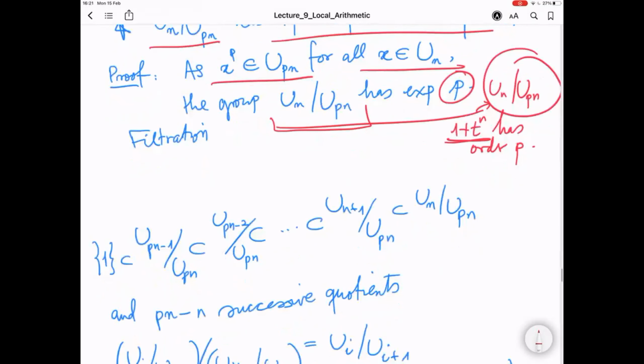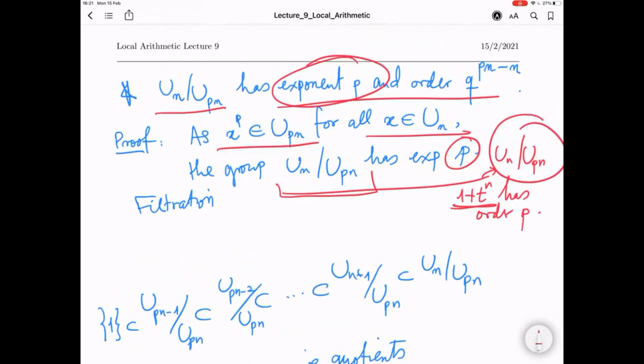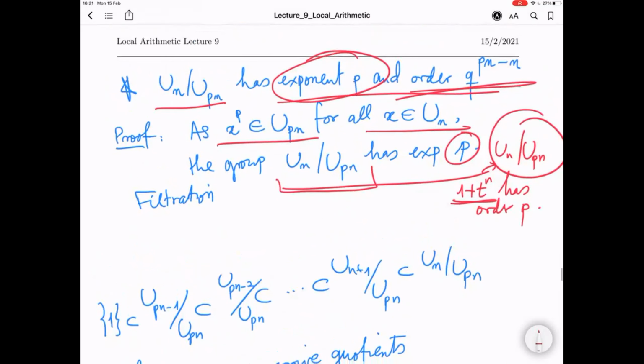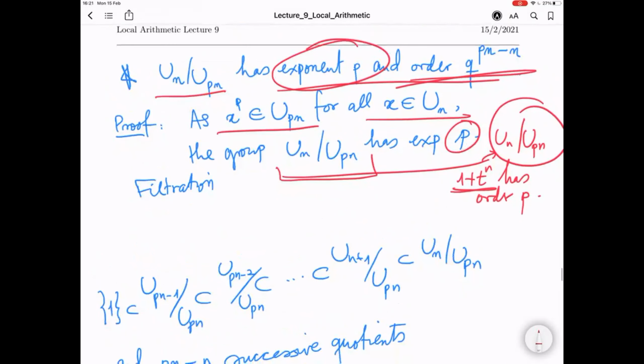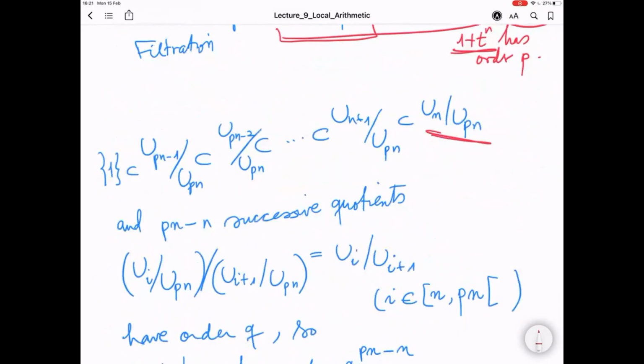Okay, so we know its exponent now, and we have to show that its order is equal to this much. In order to compute the order of this group, I've written a sequence of subgroups. So this is un modulo upn. It contains un plus 1 modulo upn, which contains all the way down up to upn minus 2 modulo upn, and upn minus 1 modulo upn.